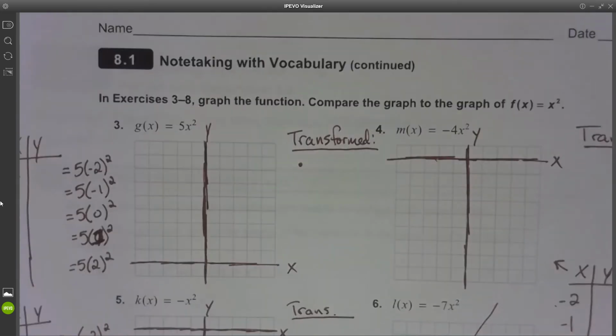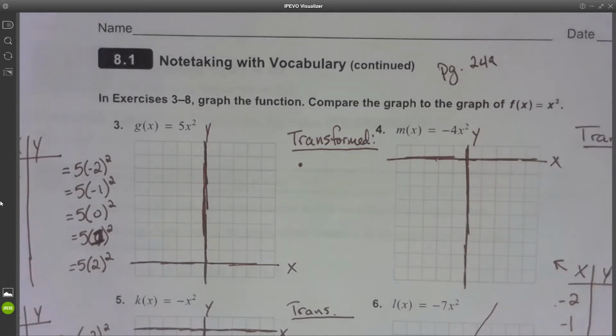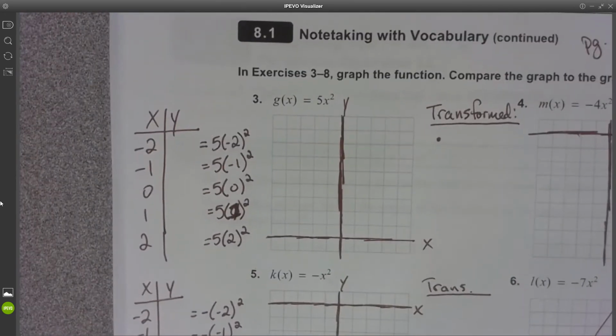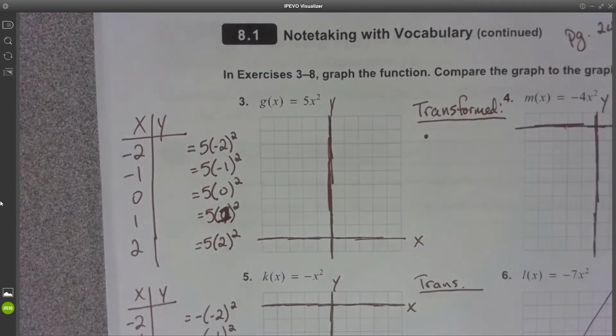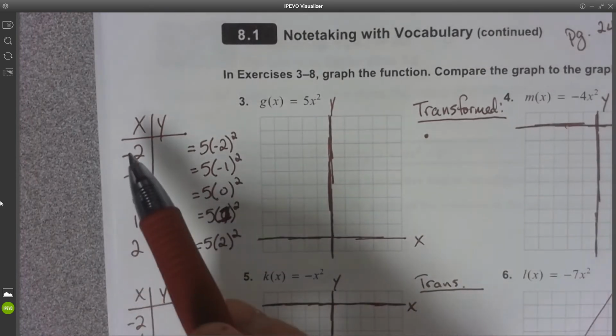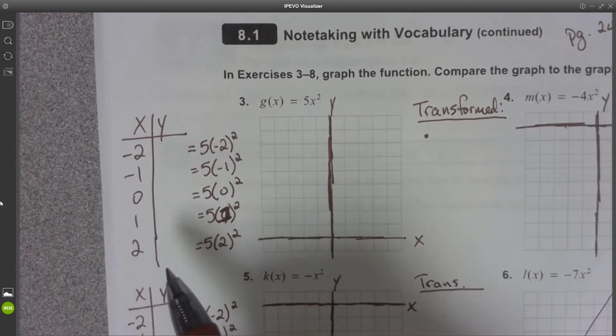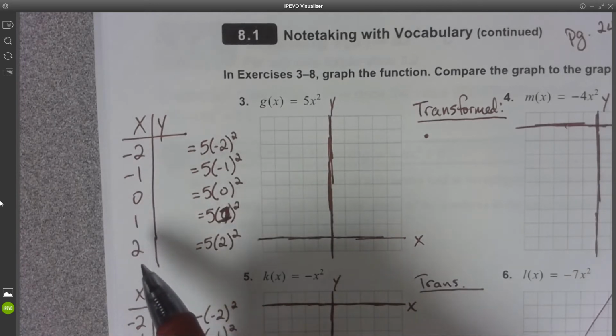We're on page 249 here. When I want to graph a quadratic function, first you're going to need an x and a y axis. So all I want to do is make an xy t-chart, and for now, I'll just be using these 5 x values for every graph I make.